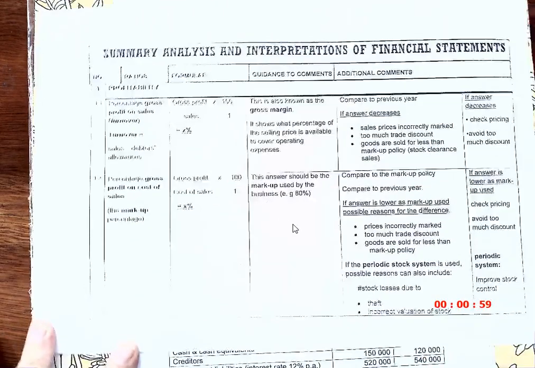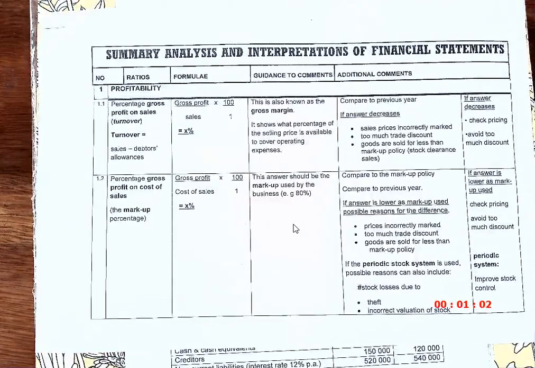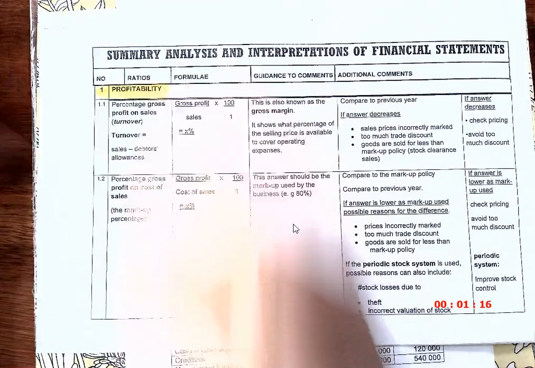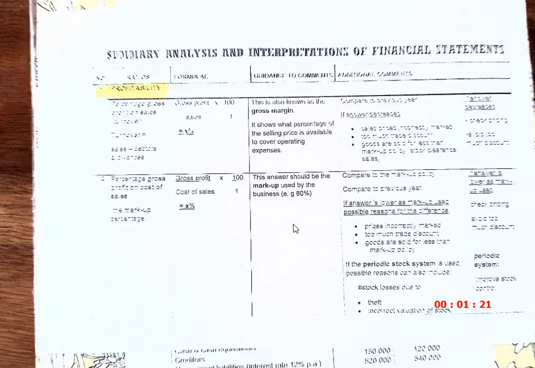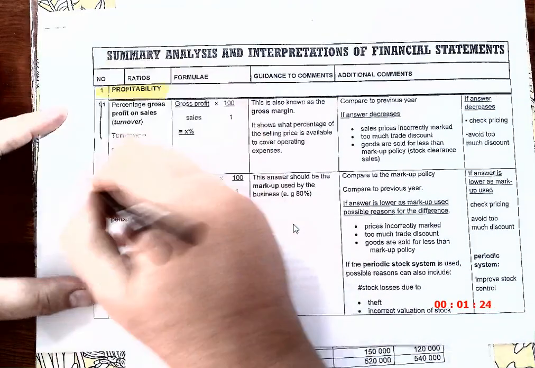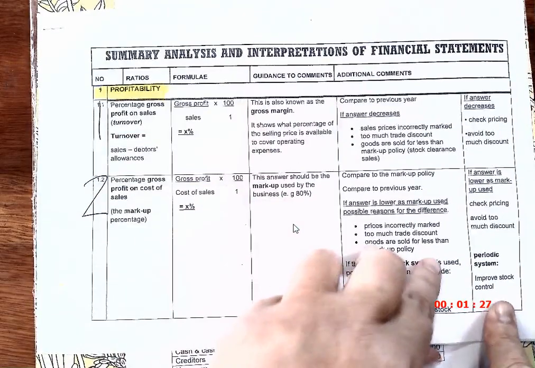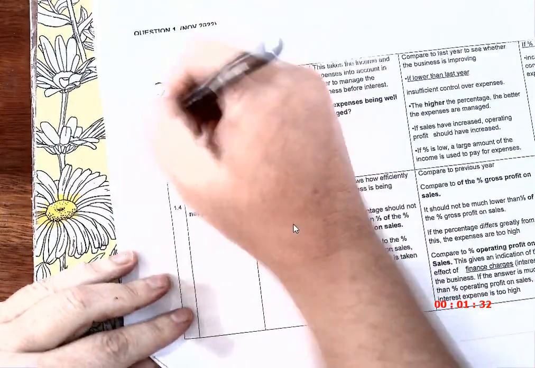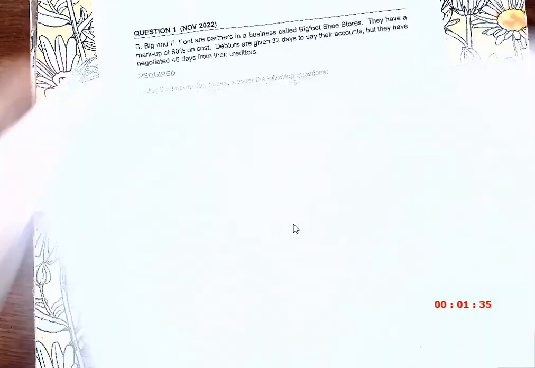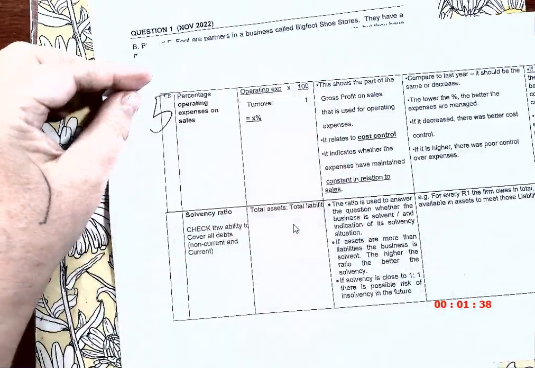Now, when I look at ratios, ratios are basically classified into different sections. So you'll see here number 1 is profitability. Then when you turn the page, you can see profitability has got 1, 2, 3, 4, 5 ratios.